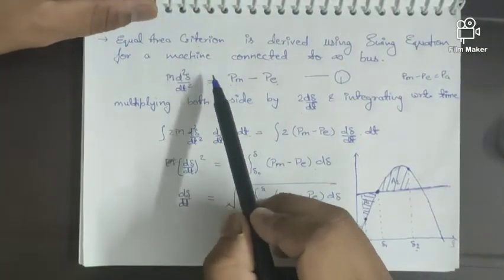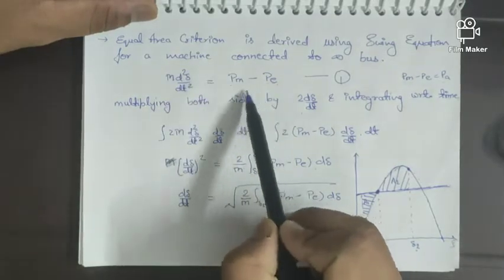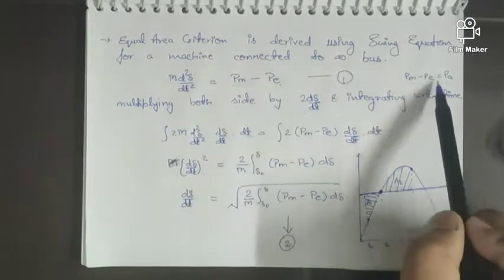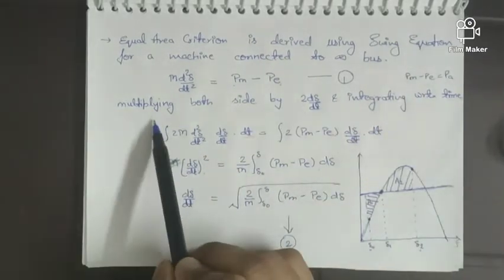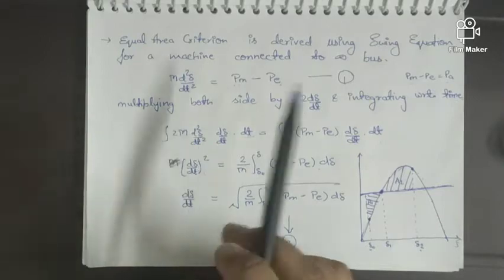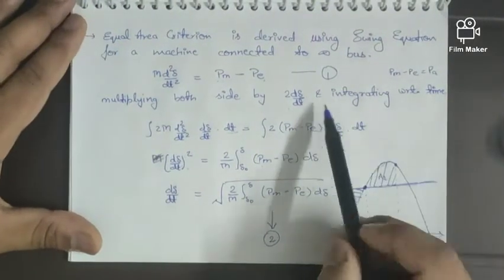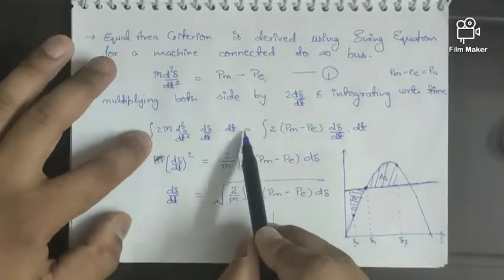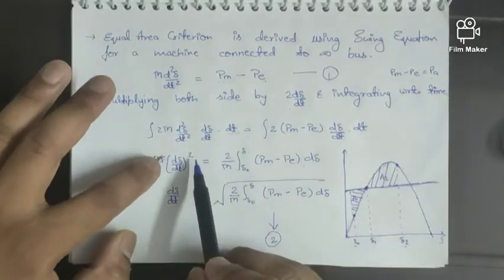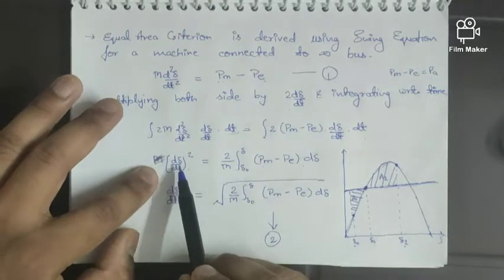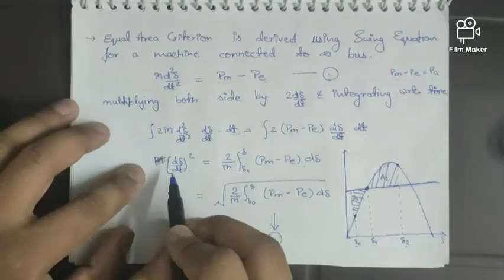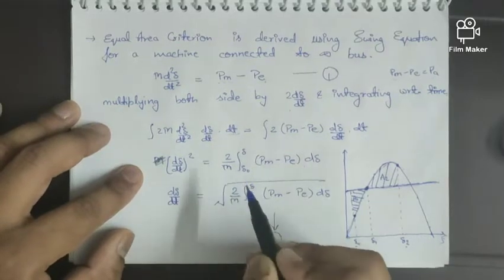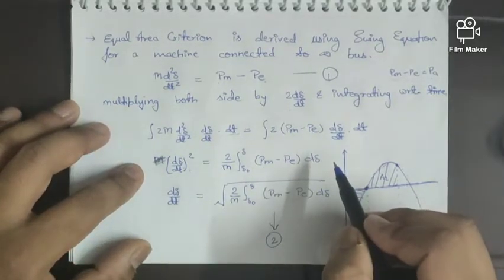So we will start with the swing equation. What is the swing equation? M into d square delta by dt square is equal to Pm minus Pe, which is the accelerating power. We will do some mathematics: multiplying both sides by 2 d delta by dt and integrating with respect to time. If we integrate this, we will get M into (d delta by dt) square equal to, so this M will not be here, it will become part of the denominator on the right hand side.